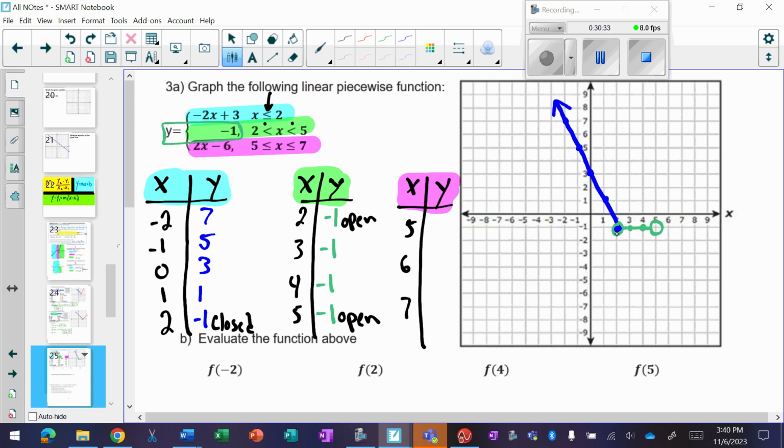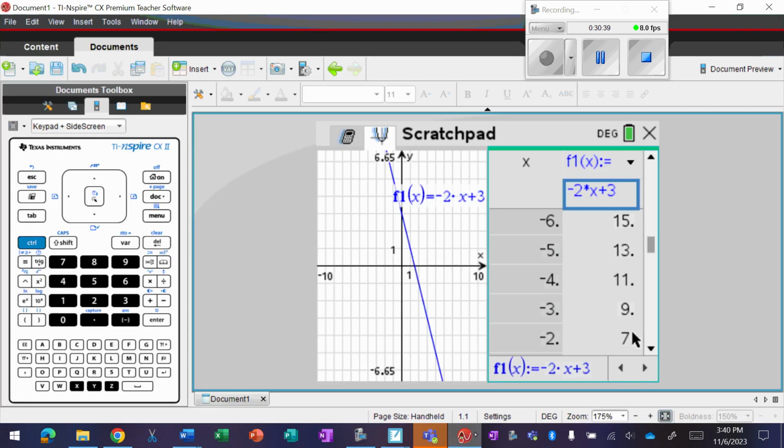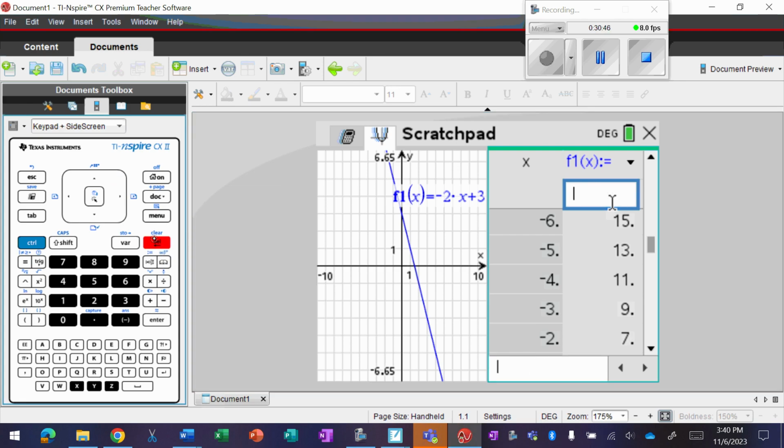There's our middle piece. And then the other end is 2x subtract 6, so I can do that on the calculator. Double click where my equation is and change the 2x to 2x subtract 6. When I hit enter, the points will change.